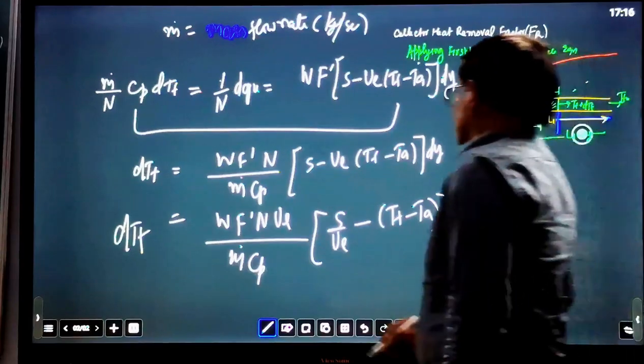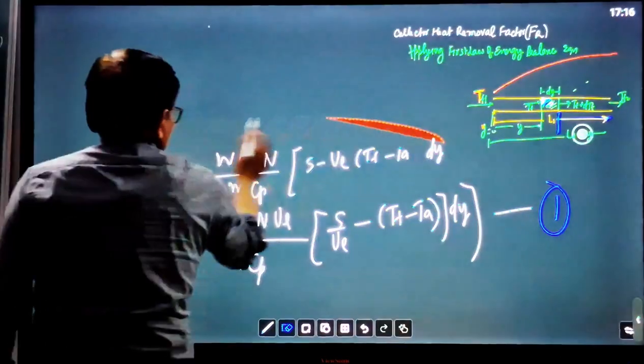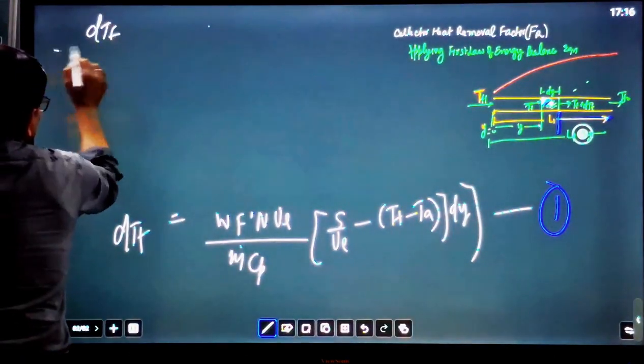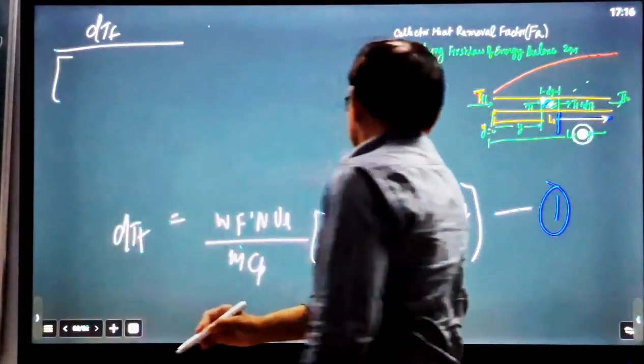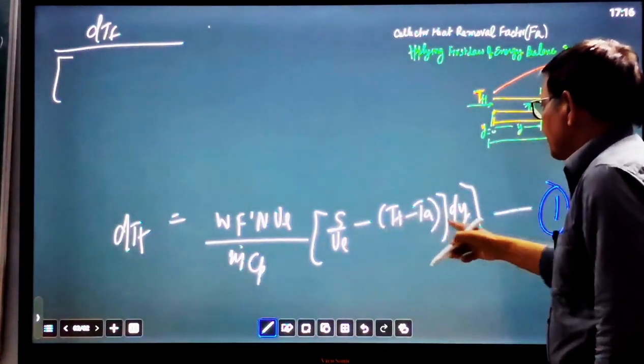Now erasing this part, which is not needed. Then dTf upon S upon UL, taking out Ta, because when you open the bracket, Ta becomes positive and Tf becomes negative.